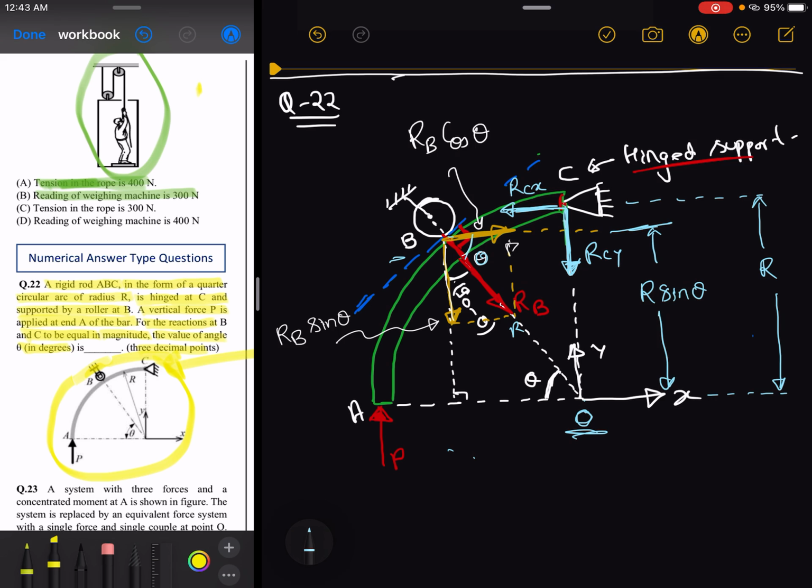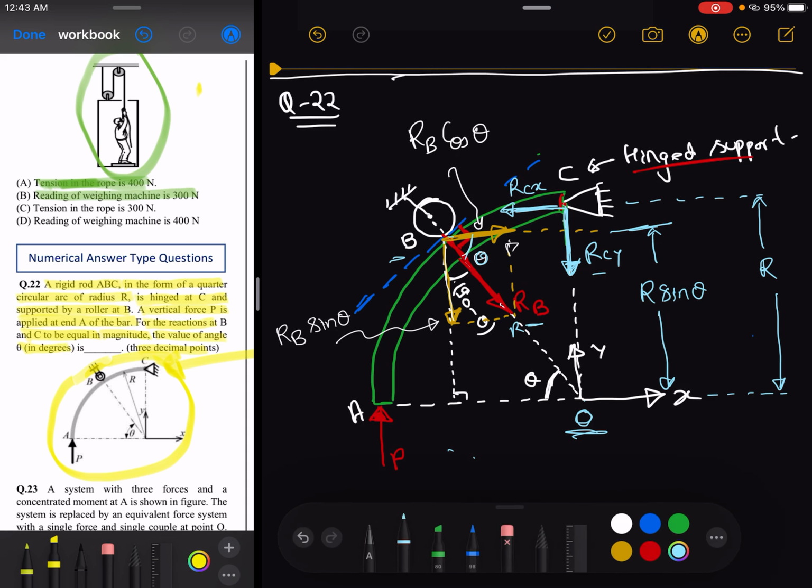So what I am going to do in this question, see, RB is unknown, RCX is unknown, and RCY is unknown, okay.